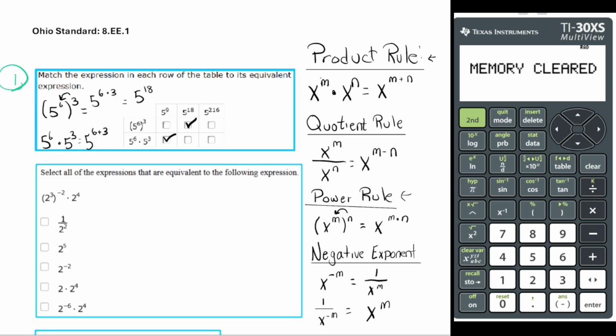Okay. So when you think of product rule, or even quotient rule, you can think of it this way. Exponents are an example of what we call repeated multiplication. So if you have x to the 3rd, that's x times x times x. So it's 3 instances of x. Okay?